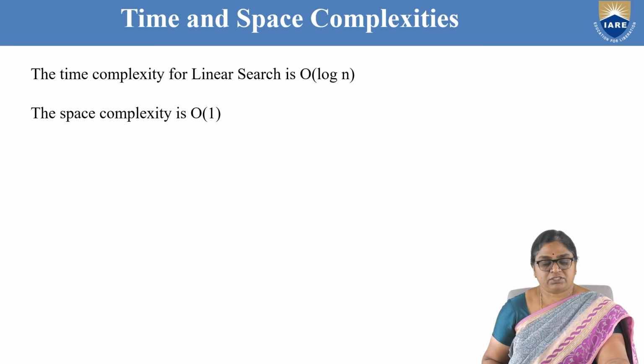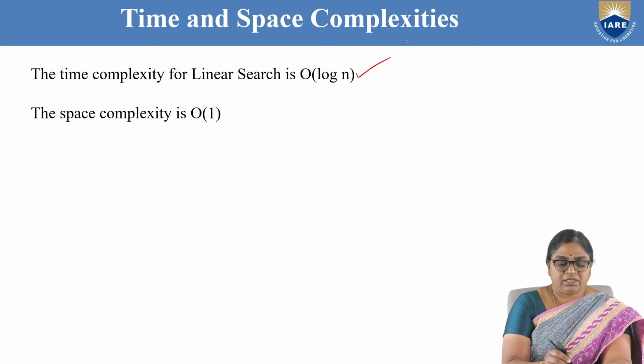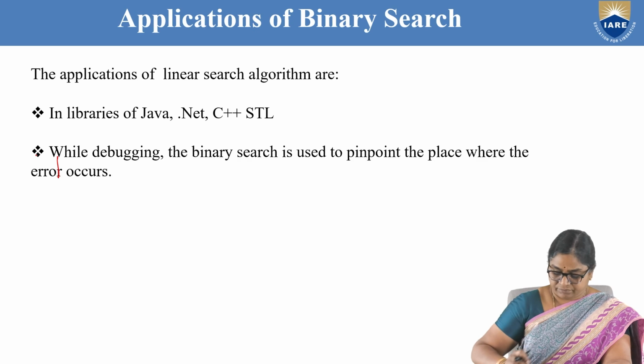Here the space complexity is 1 and the time complexity for the binary search algorithm is order of log n. So how are we getting this?